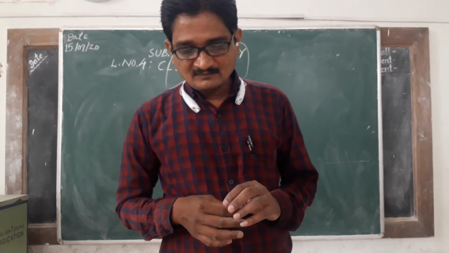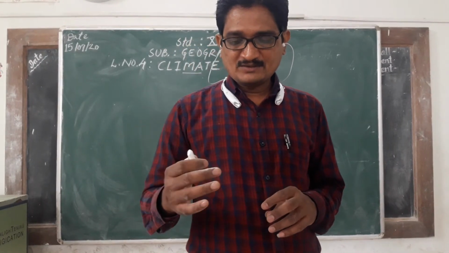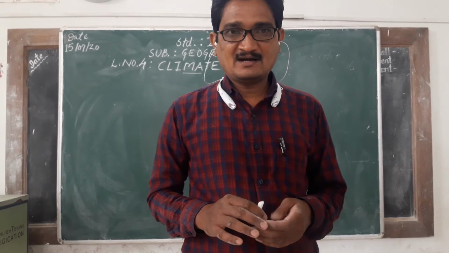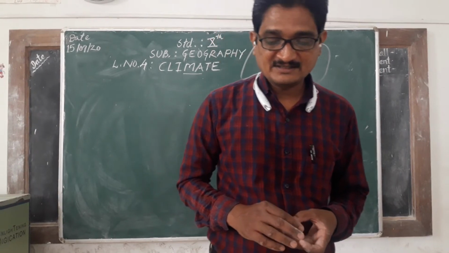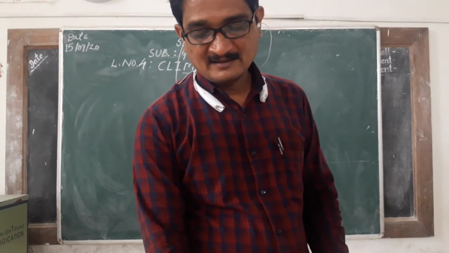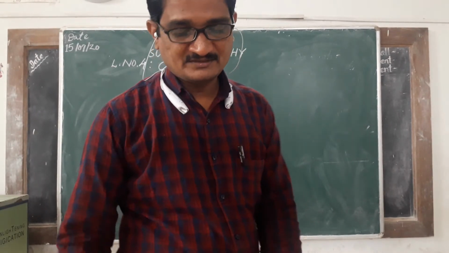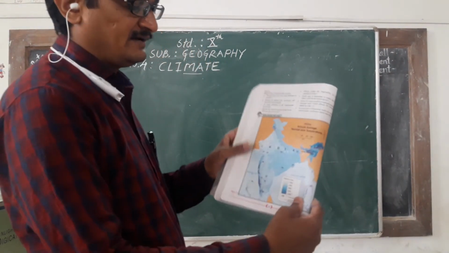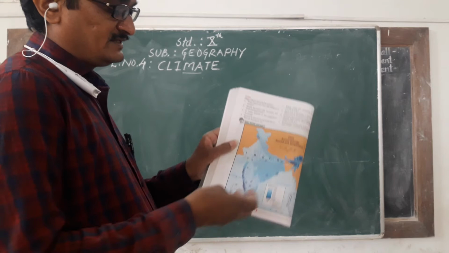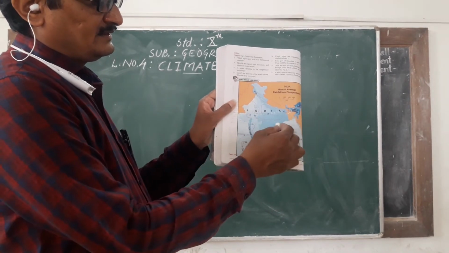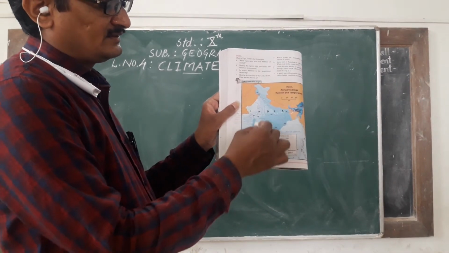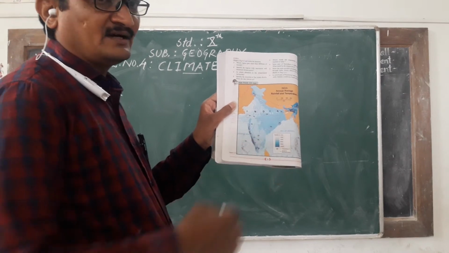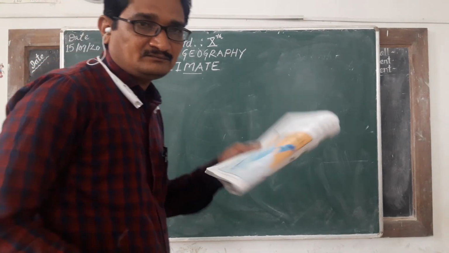Because of the obstruction caused by the Eastern and Western Ghats, we have seen the Sahyadri ranges are there.